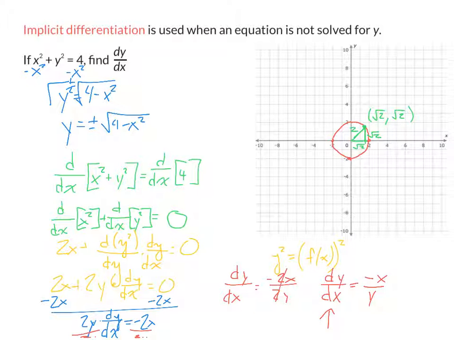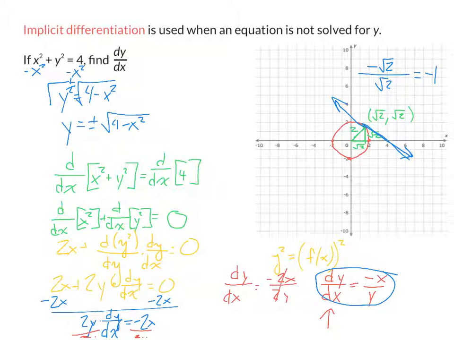So what is the slope of the tangent line through that point there? And we can figure it out by using this formula. The slope of the tangent line is the same as our derivative, and we would do a negative square root of 2 over positive square root of 2. And so the slope of the tangent line there is negative 1.